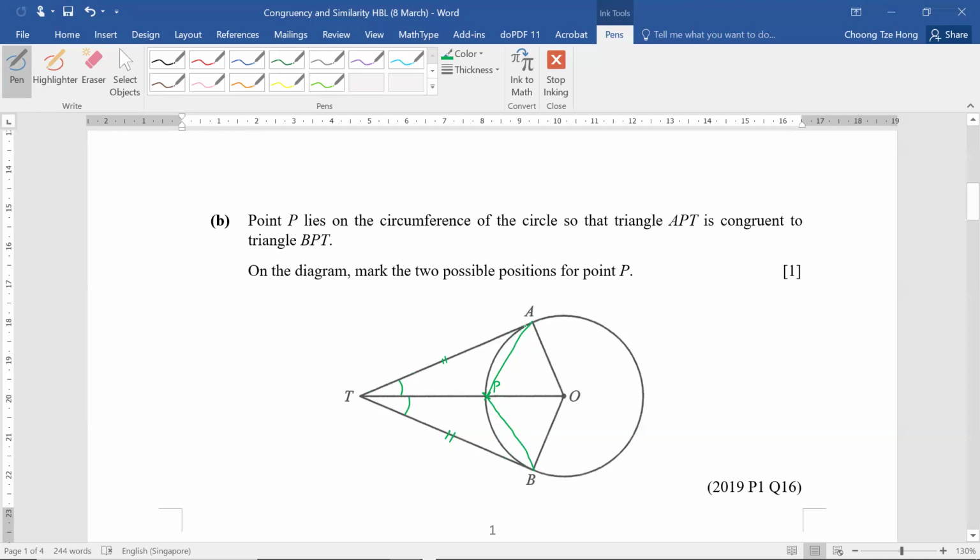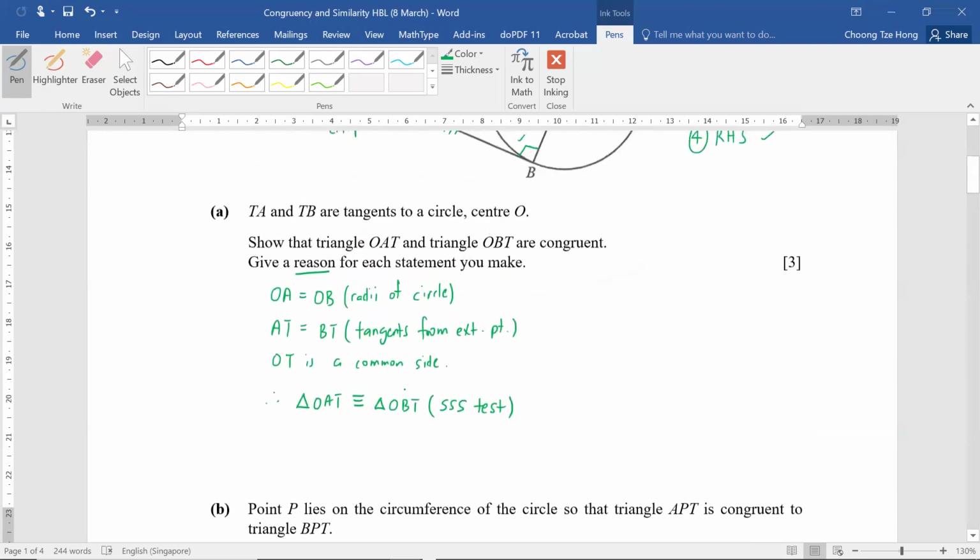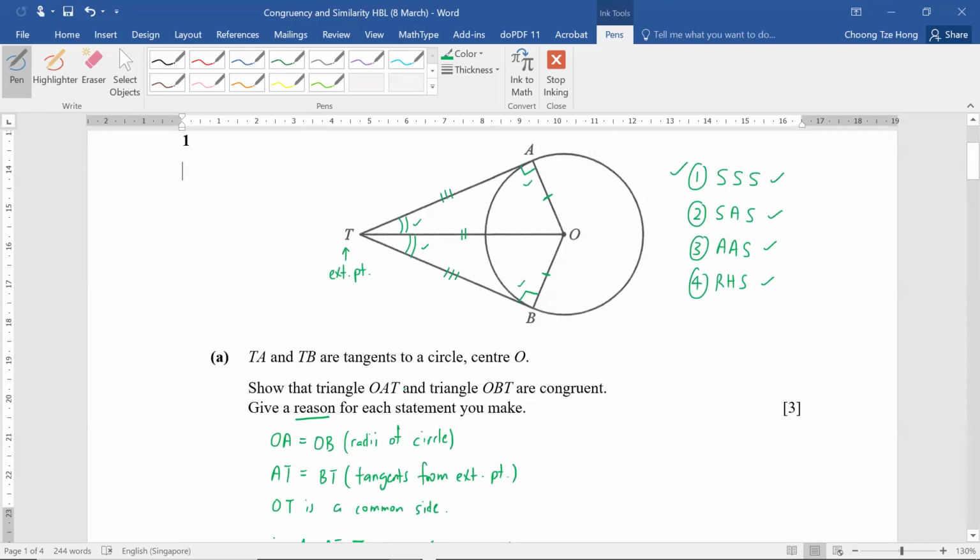AT is equal to BT, so we have one pair of corresponding sides that are equal. The included angles, BTP and ATP, are equal. Why are they equal? Because of the property of tangents from an external point. Or even if you don't know this property, from part A, after you have proven that triangles OAT and OBT are congruent, then by virtue of the two triangles being congruent, angle ATO will be equal to angle BTO.